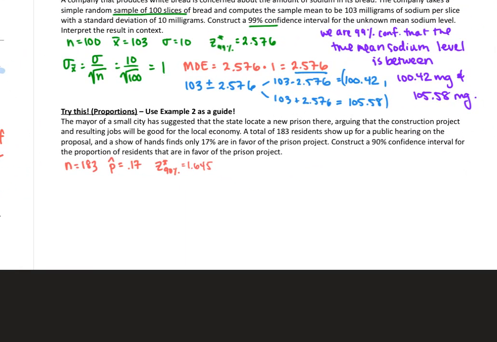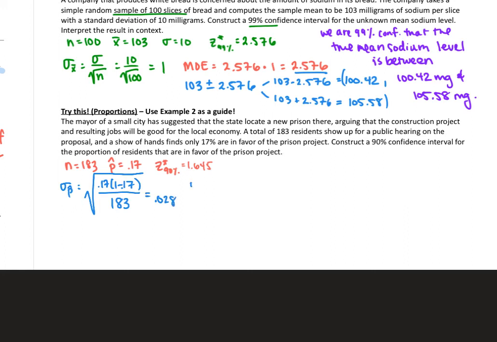All right, so now we need to calculate the margin of error. So we're going to calculate the standard deviation first. So that's going to be the square root of p hat times 1 minus p hat over n. Again, we're not using p because we're not given p in this problem. That's what we're trying to estimate. So that's about 0.028.